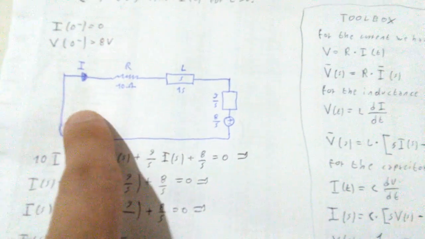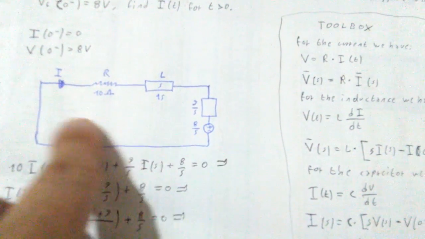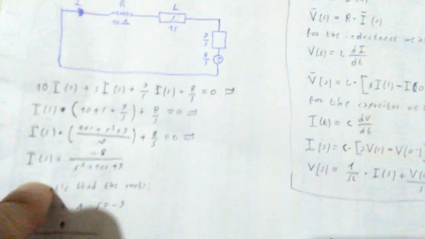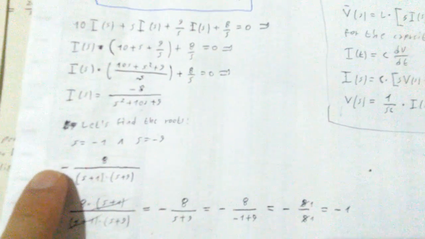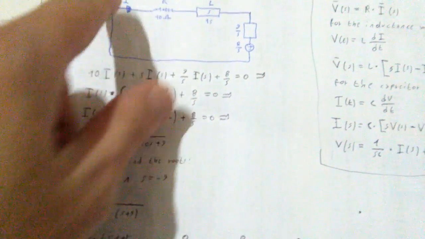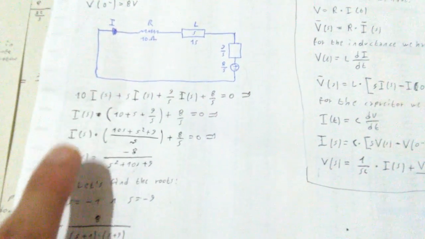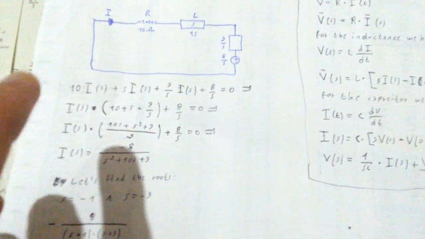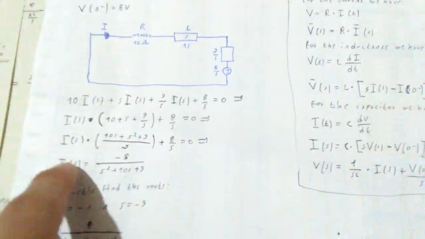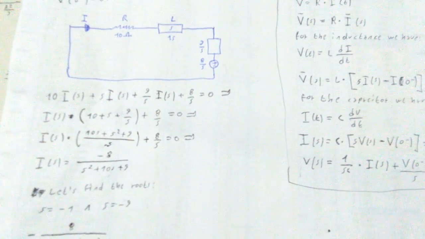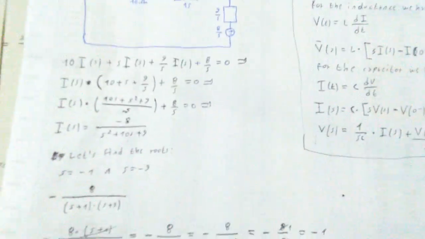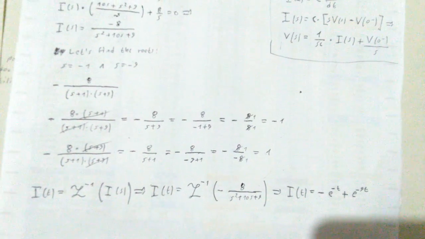Then we use the property that the sum of all those currents is going to be equal to 0. And then we found I of S. When you find I of S, as we wrote everything in terms of S, thanks to the Laplace anti-transform, which goes from I of S, so everything written in terms of S, to I of t, which is the one that the problem was asking for, you basically can solve the problem.